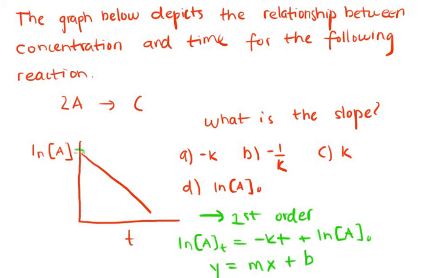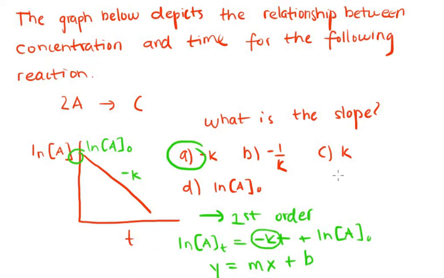So we know this is ln A0, and the slope is actually negative k, and we know this through the rate law and the fact that it's first order. So the answer is actually A.